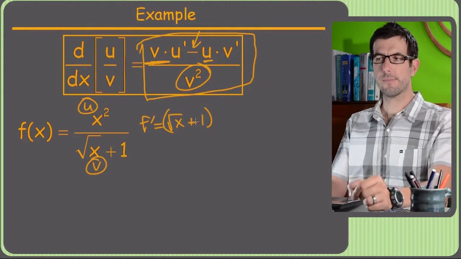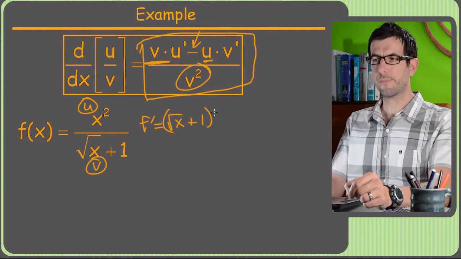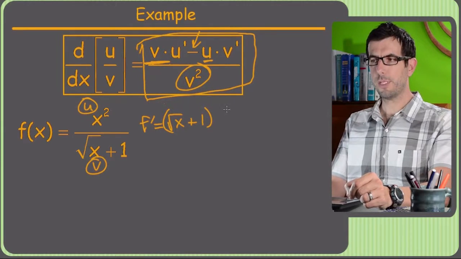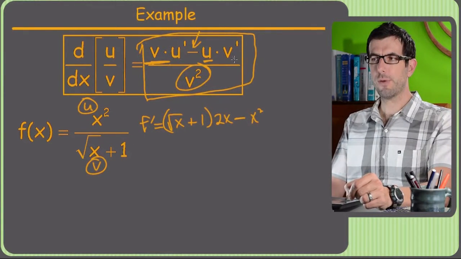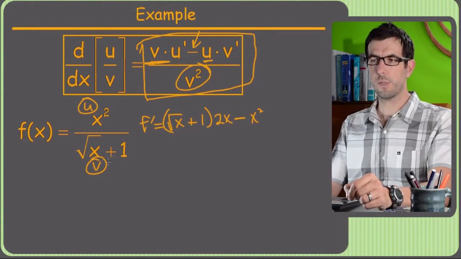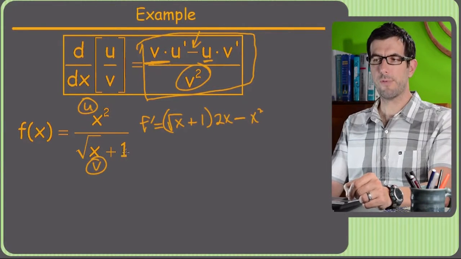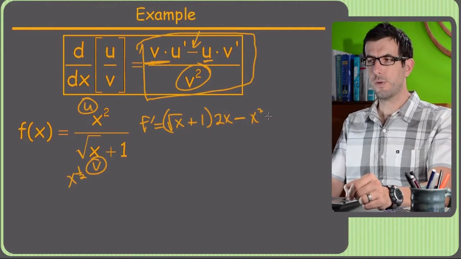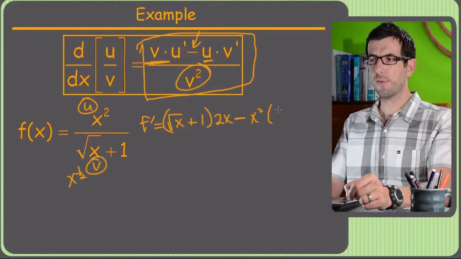It's just square root of x, stop, plus 1, times u prime, which is 2x, minus u, which is x squared, times the derivative of v. So what is the derivative of v? Well, the derivative of that 1 is just nothing. The derivative of root x, which is really x to the 1/2, right? So the derivative of x to the 1/2 is 1/2 x to the negative 1/2.